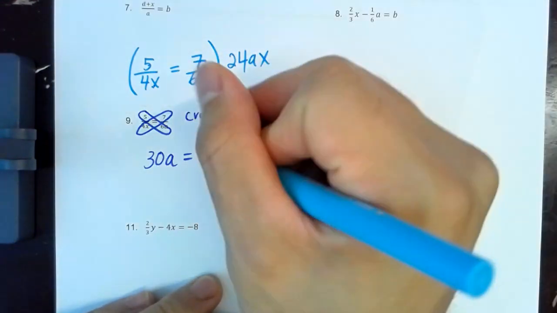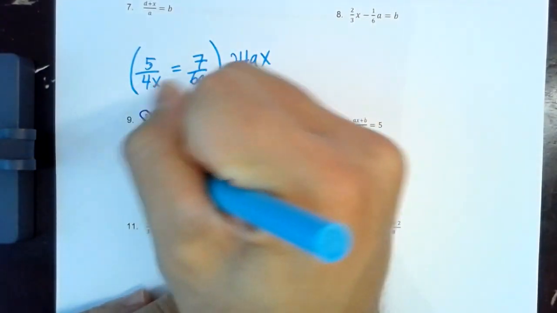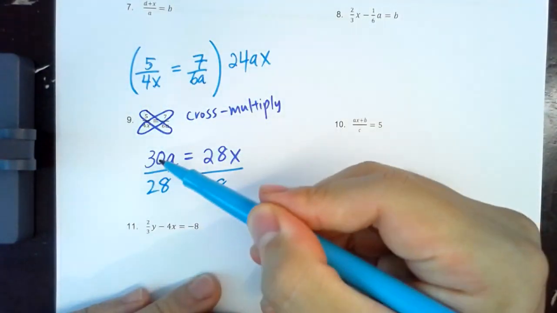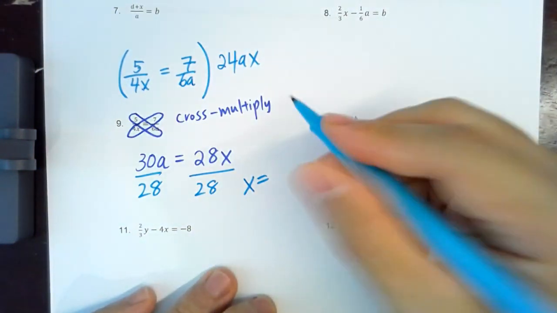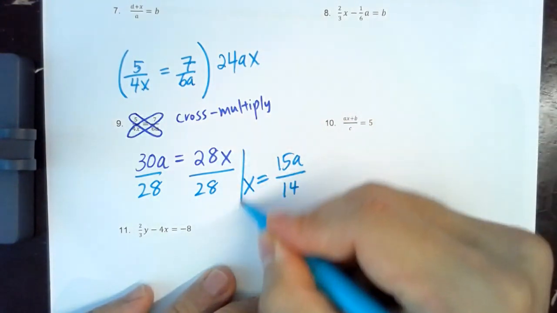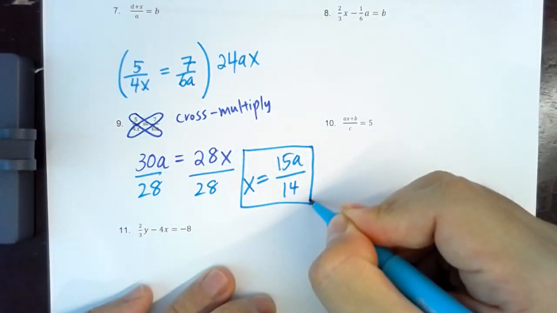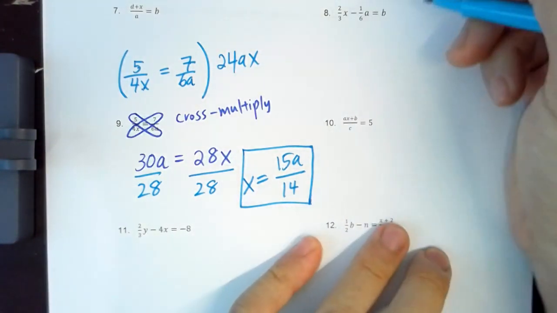Okay, we're solving for x, so now all I have to do is divide both sides by 28, and obviously you still want to simplify 30 over 28. Okay, so x is going to equal 15a over 14. Anything can be cross multiplied.